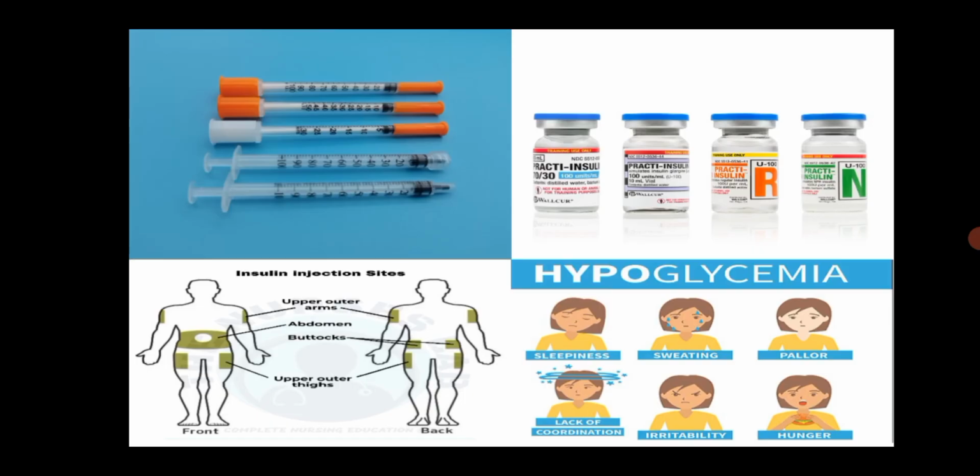Also ensure patients eat properly so that we avoid complications. Then, as a smart nurse, make sure you teach your patient how to inject insulin, because these patients are not kept in the ward most of the time. They are sent back home. They just live a normal life. So teach them how to inject.